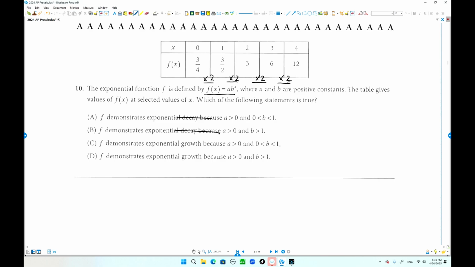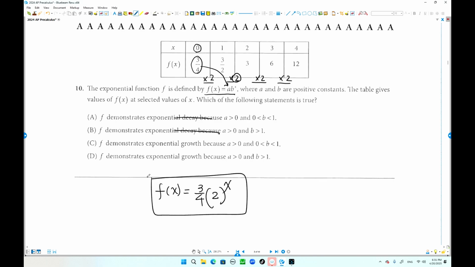Okay, then we set the common ratio, as in a geometric series, the same thing, okay? So actually b is 2, right? So a is y when x is 0. 3 over 4 is the value of a, that is the initial value. So the equation of this one is y equals 3 over 4 times 2 to the x. That's the correct equation of this table, okay? So where is the answer?